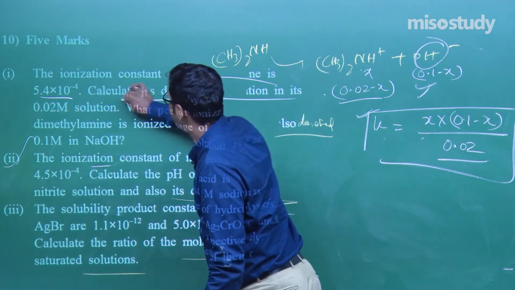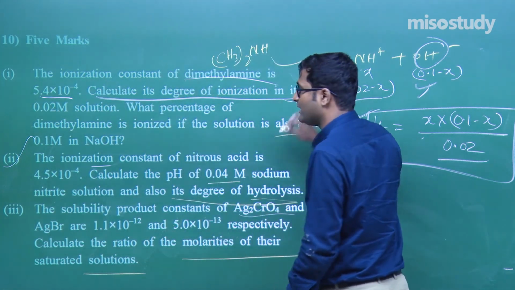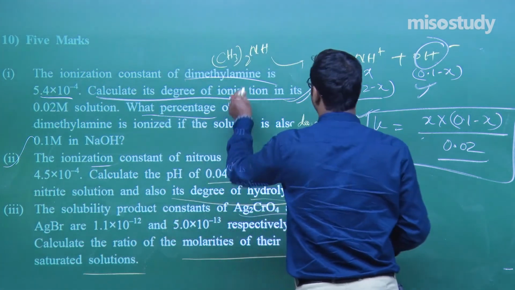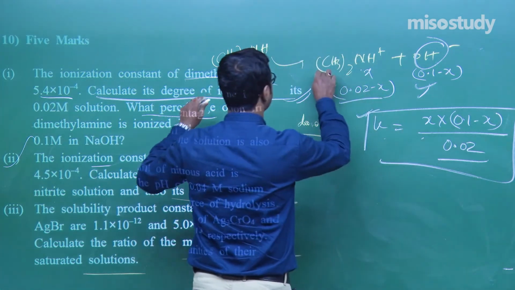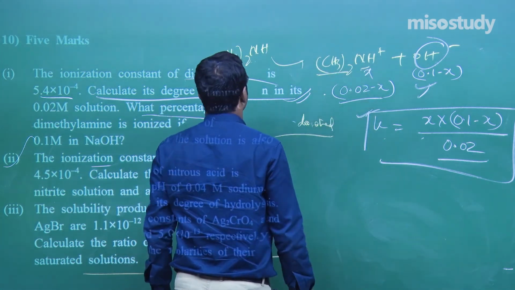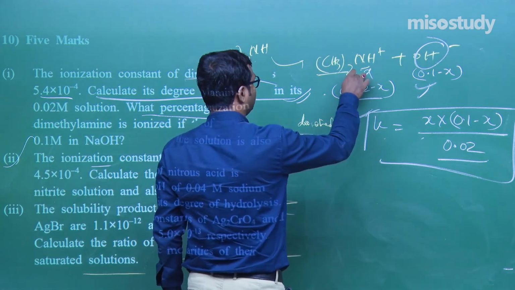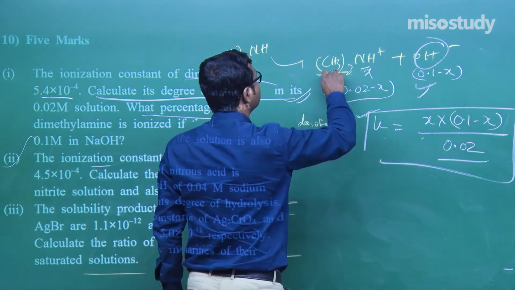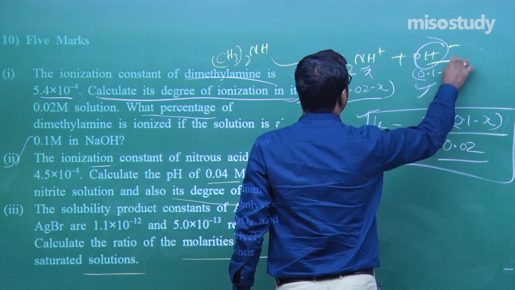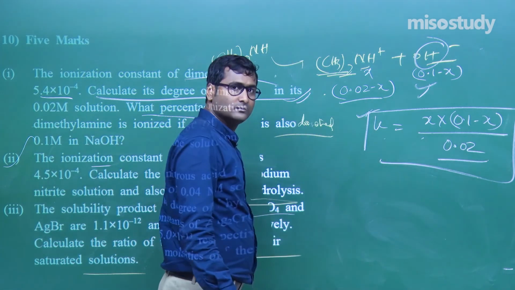First of all, you get the degree of ionization, which we have got. Now for the percentage, write down the expression: (CH3)2NH plus water gives (CH3)2NH2+ and OH-, my friend. Clear?